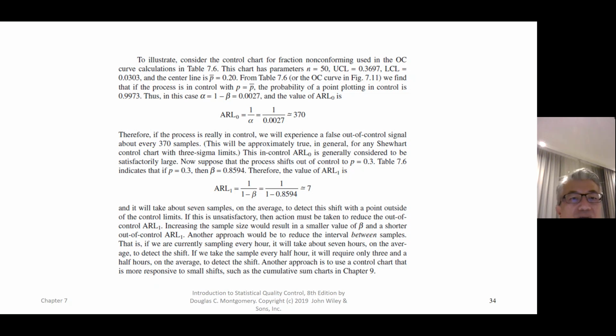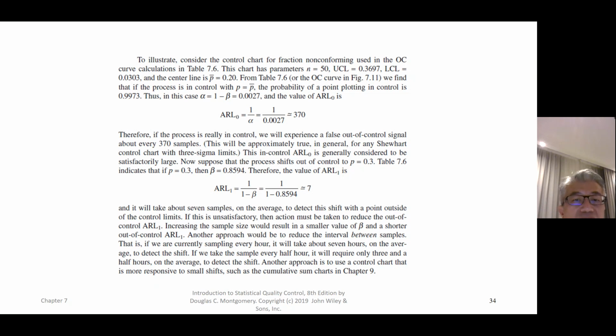For example, if we currently sample every hour, it takes about 7 hours on average to detect this shift. If we sample every 30 minutes, it requires only 3.5 hours, so the efficiency is doubled.